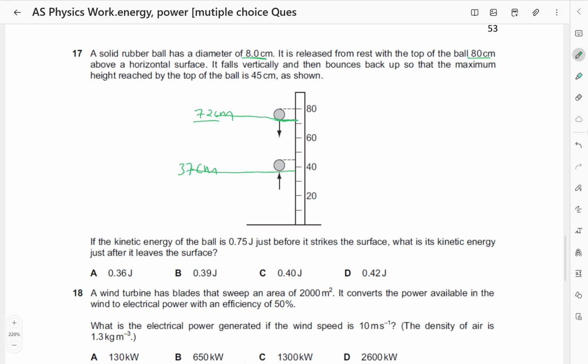So potential energy at the bottom of the ball at release must be equal to the kinetic energy of the bottom of the ball just before striking the surface. That is very true.